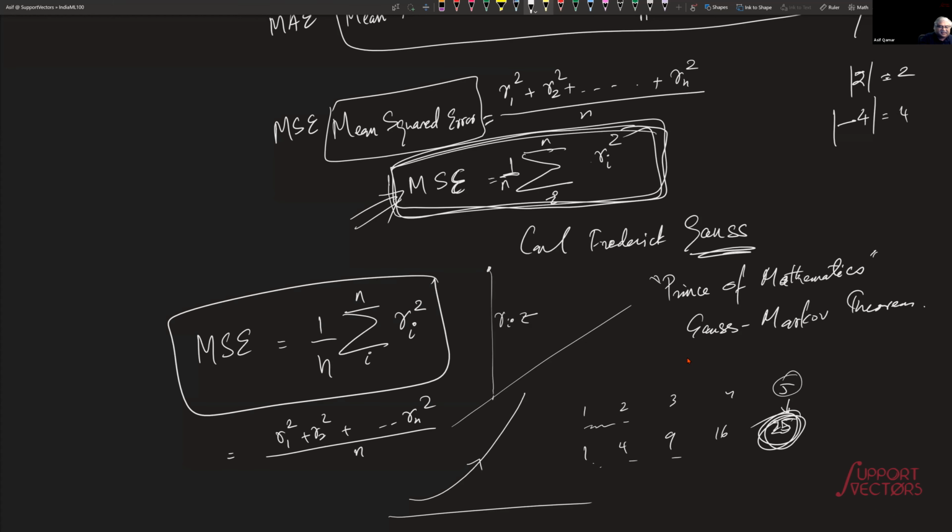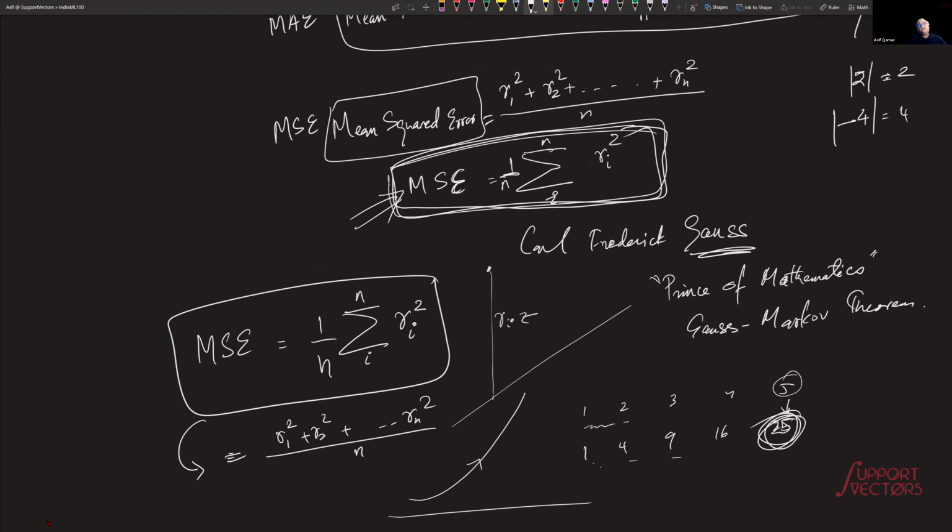This is just a more mathematical notation of saying exactly this. So far, so good. But now we have one problem. We want to pick that theory or that line or that hypothesis which gives us the least MSE. That would be our definition of the line that the data is closest to.